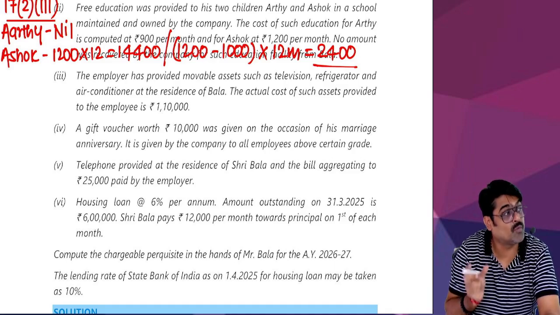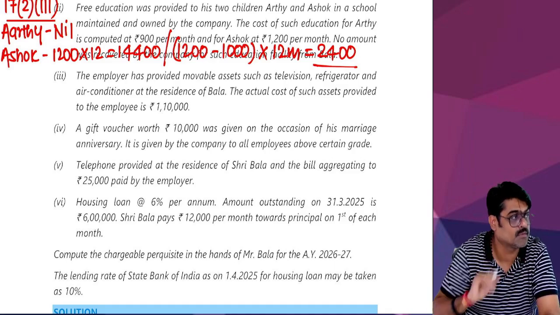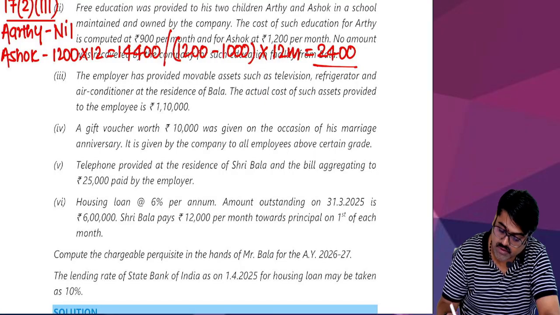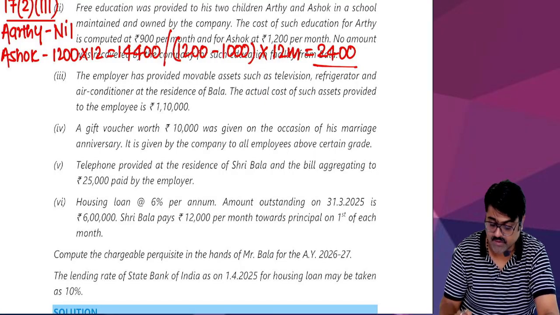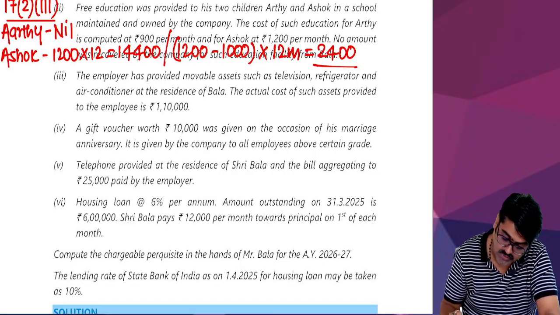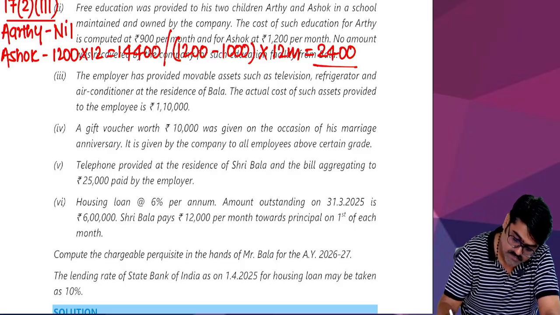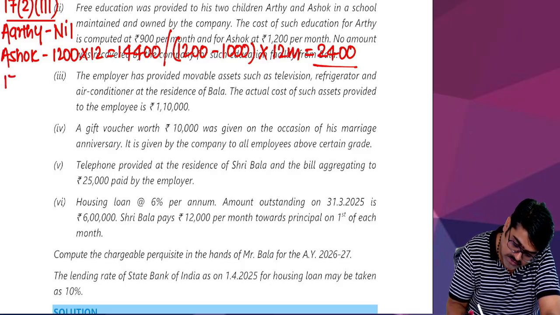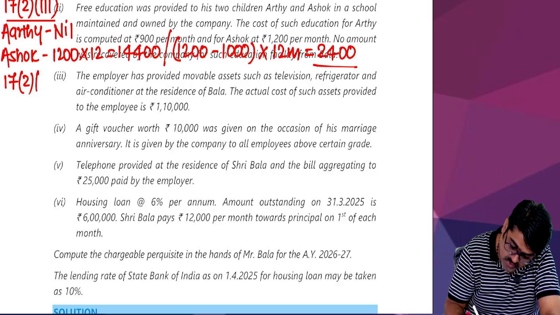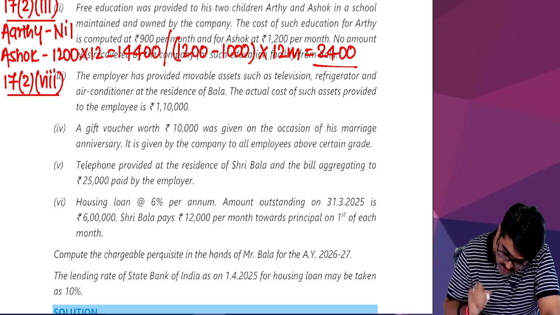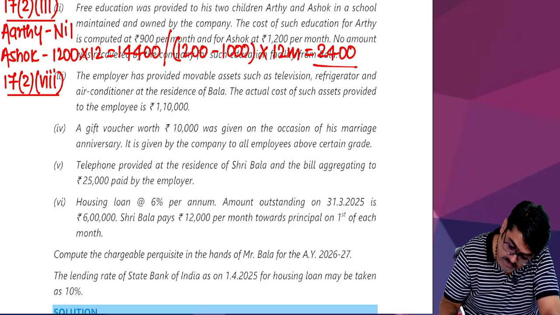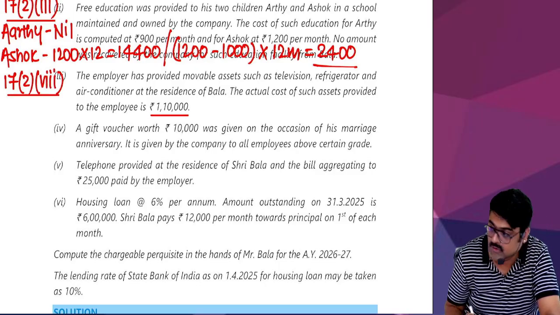So can I say movable assets given for use? Which assets are given for use? TV, refrigerator, AC. The actual cost of these assets is given. Can I say this is a perquisite under section 17(2) clause 8, use of movable asset? How much value will be taxable? 10% per annum of the actual cost.